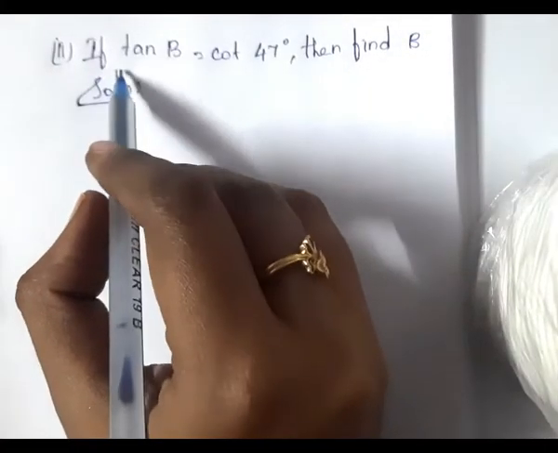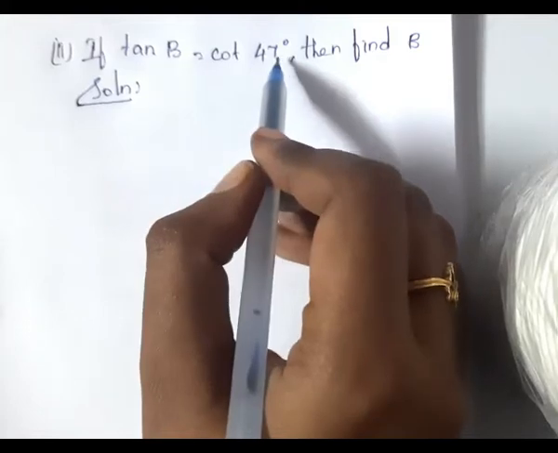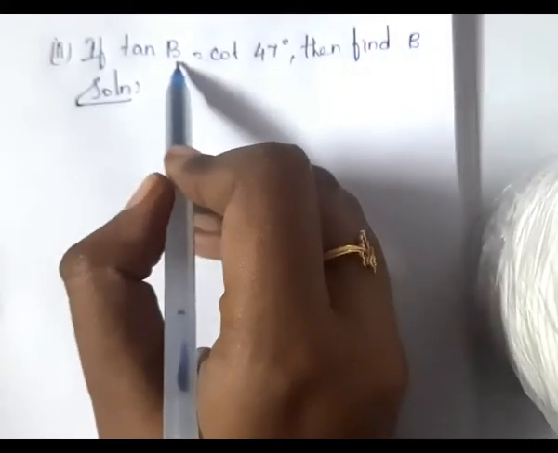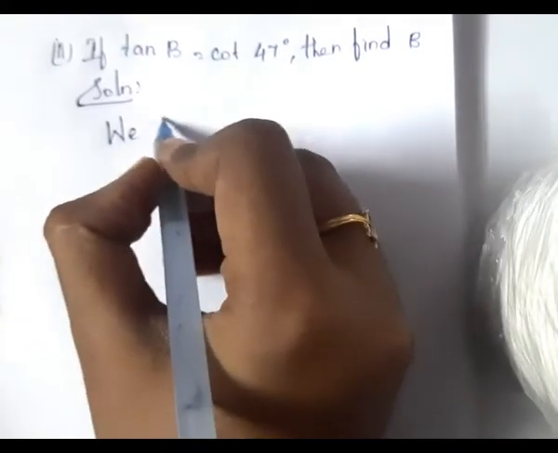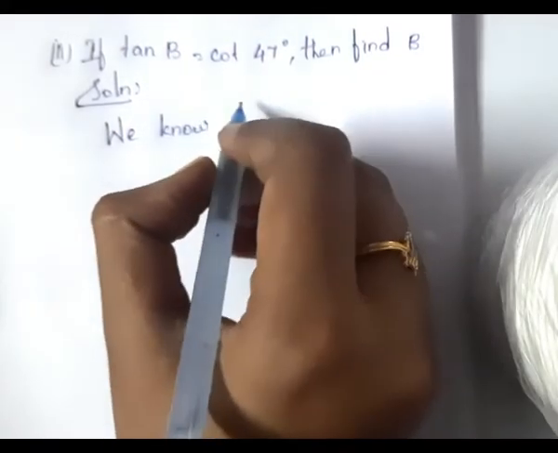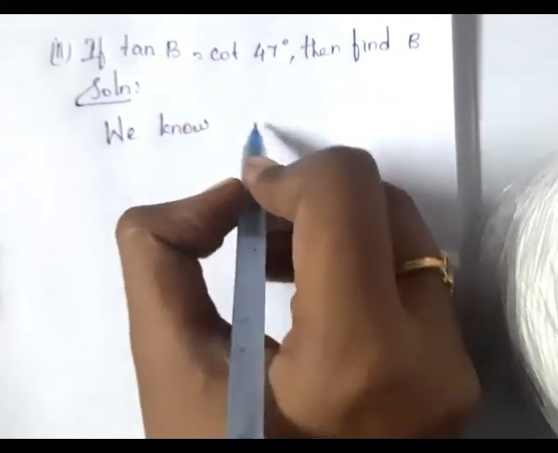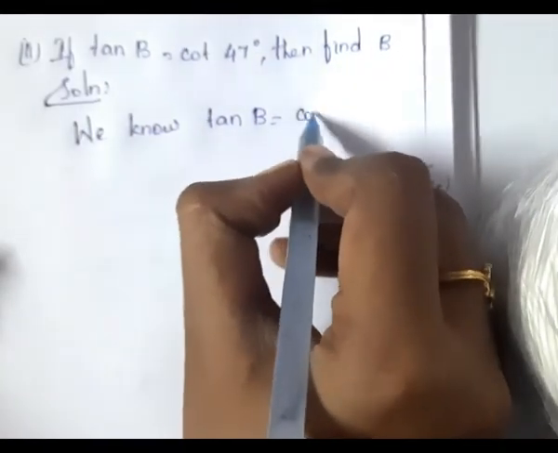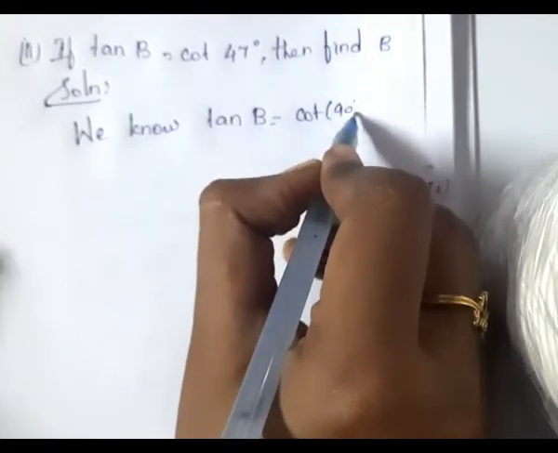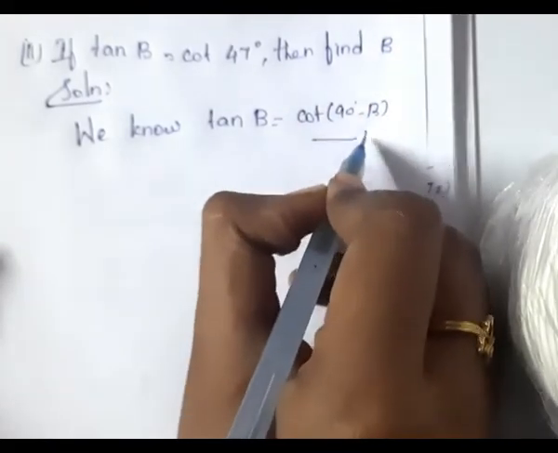Second part, if tan B equal to cot 47 degree, then find B. We have to find out the value of B. So, as in the previous, I took theta as B. Tan B equal to cot 90 degree minus B. Take equation number 1.